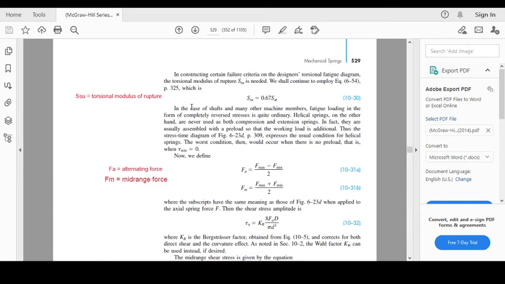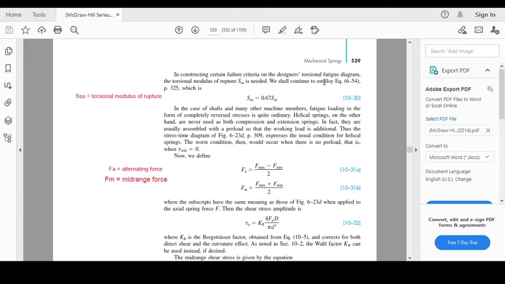So in constructing a certain failure criterion on the designer's torsional fatigue diagram, the torsional modulus of rupture SU is needed. We shall continue to apply equation 6.54 on page 335 in this textbook. The ultimate torsional modulus of rupture is 0.67 of the ultimate strength.